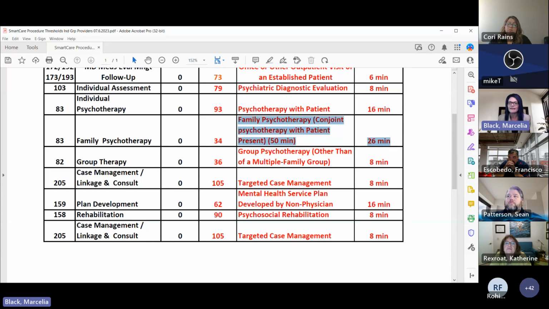If you bill 70, 26 minutes is the absolute minimum. So let's say you hit your 50 minutes and then you add on another 27 minutes, it's going to convert to another CPT code for family psychotherapy.